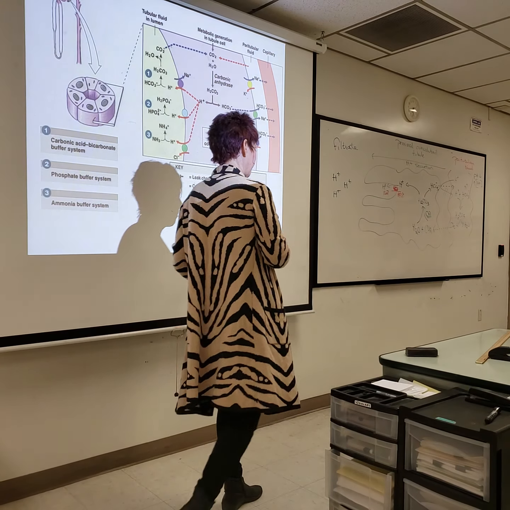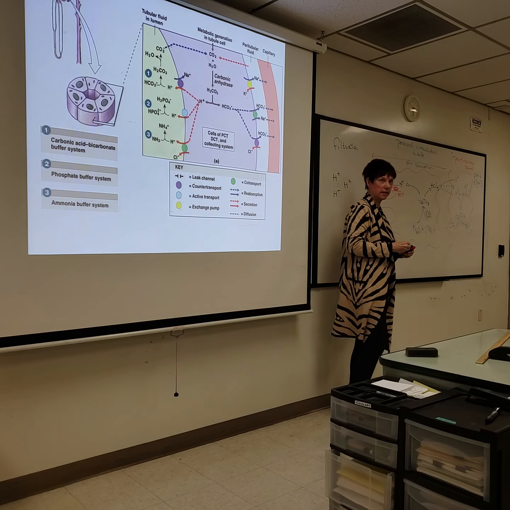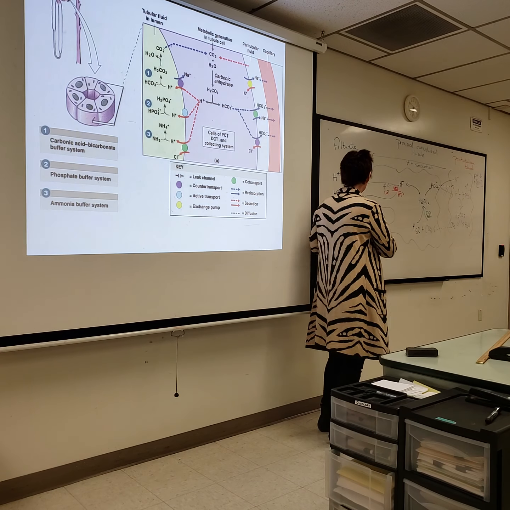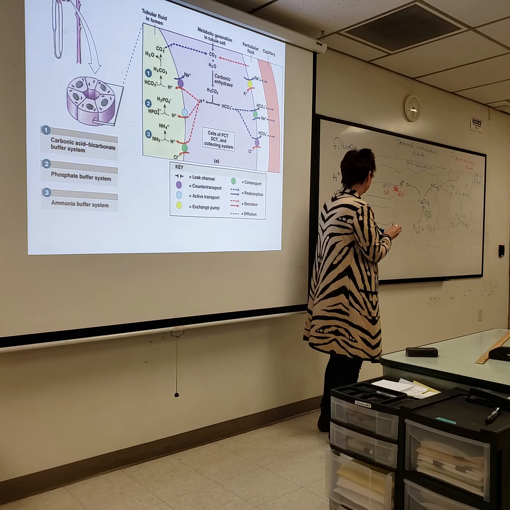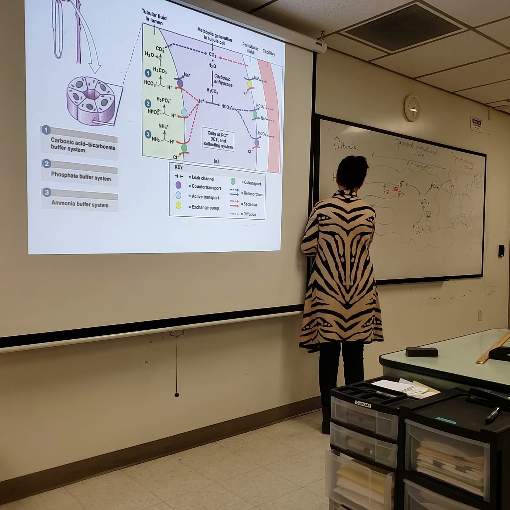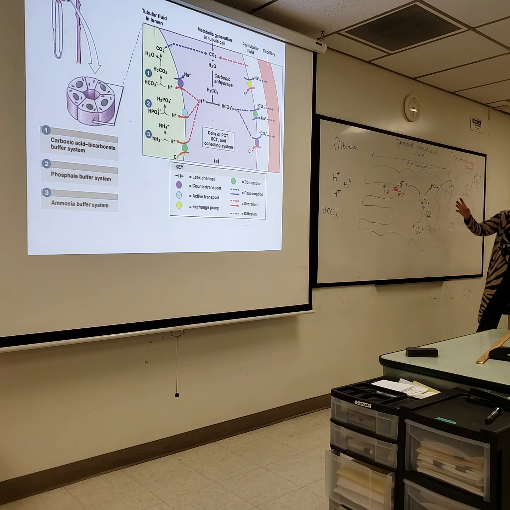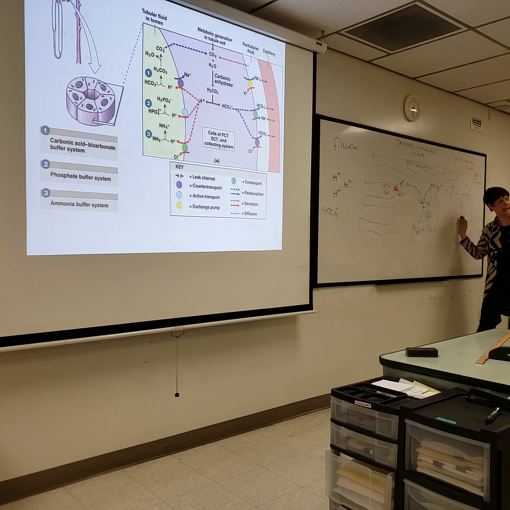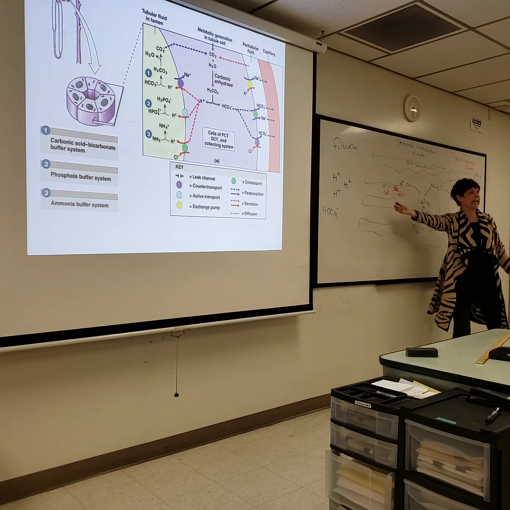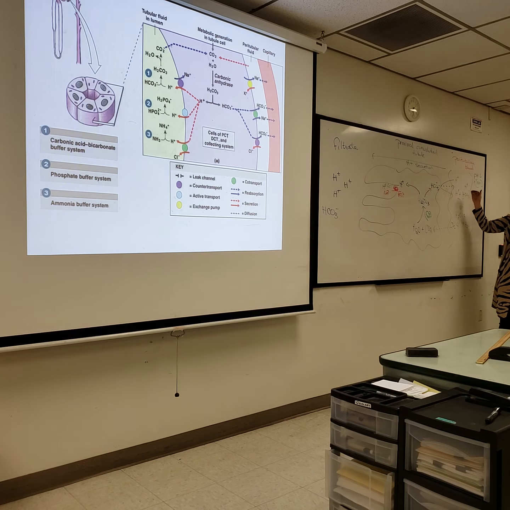So, in addition to secreting hydrogen ions, we can move bicarb that was filtered back and add more bicarb to our plasma. So not only can we get rid of hydrogen ions in the blood, we can add bicarb back that was filtered to provide more buffering bicarbonate ions in the blood.